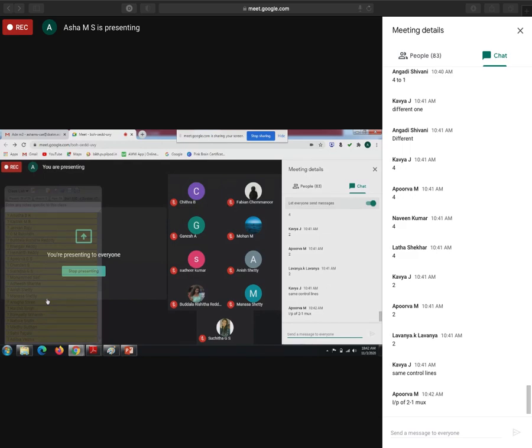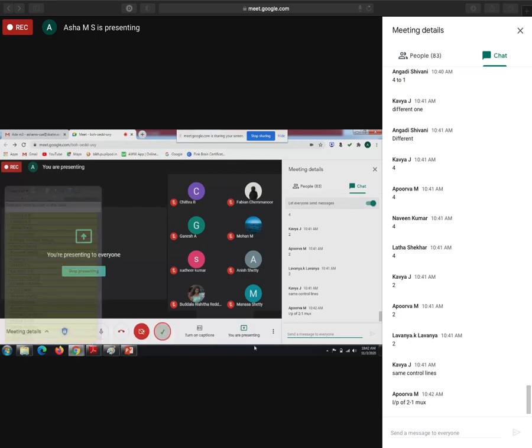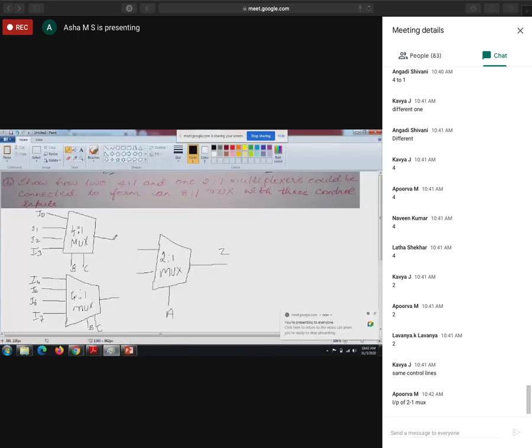Purva is saying input of the 2 to 1 mux. Exactly. So this should be connected here. Is it looking like an 8 to 1 mux now? Yes or no?